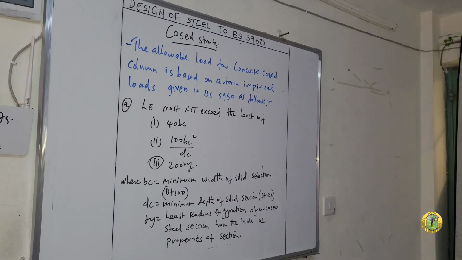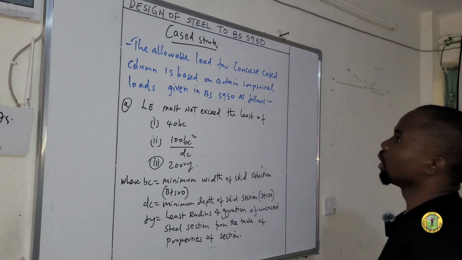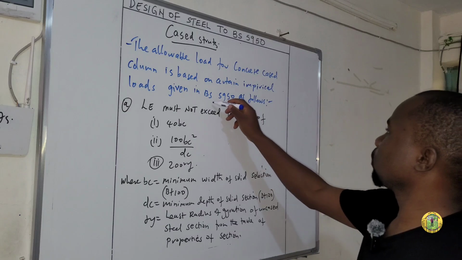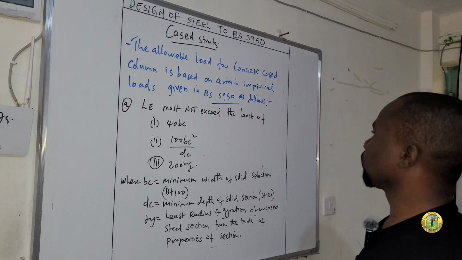The allowable loads for concrete cased column is based on empirical loads given in BS5950.